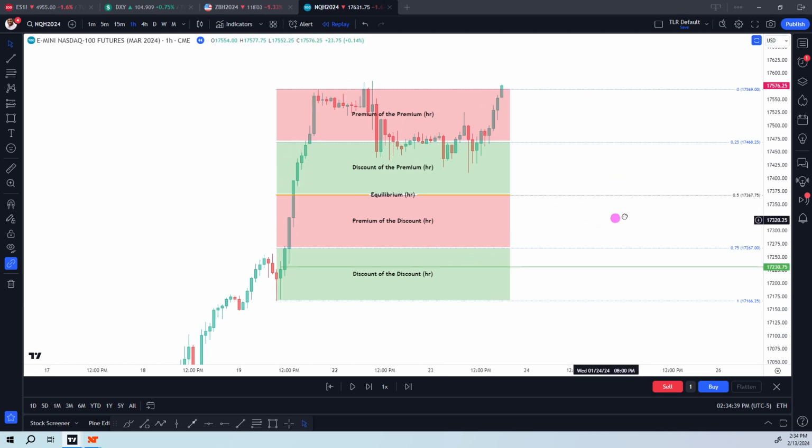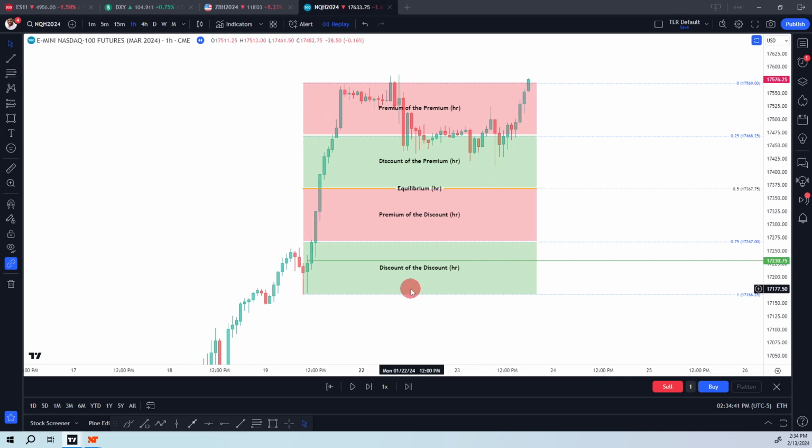So now this is our dealing range right here. Whenever you have a dealing range, you can break anything down in quads, right? So above equilibrium is the premium of your dealing range. Below equilibrium is the discount of your dealing range.